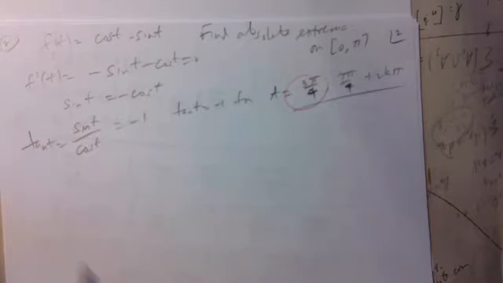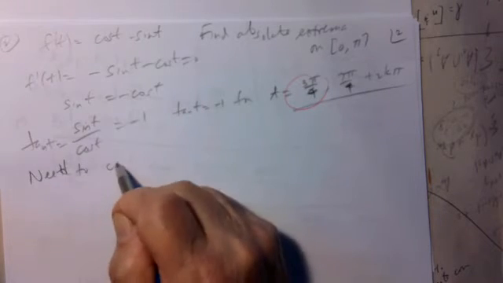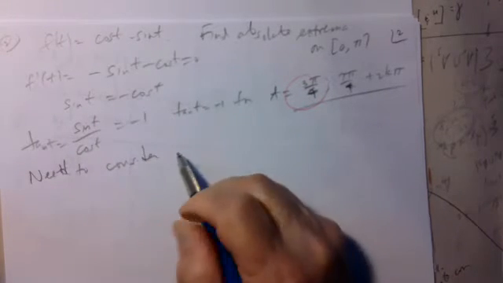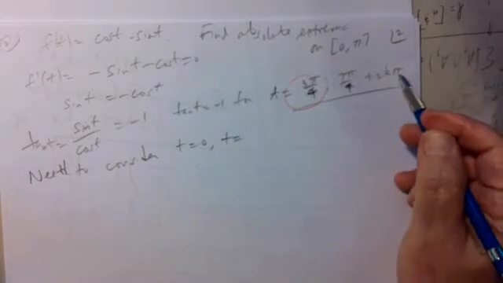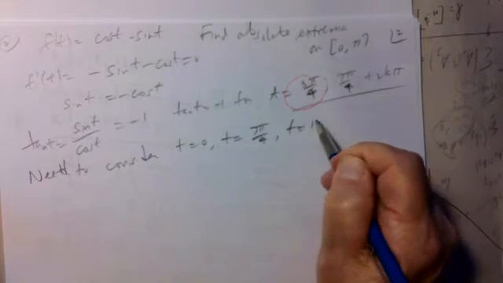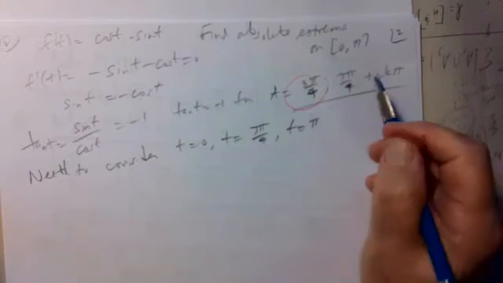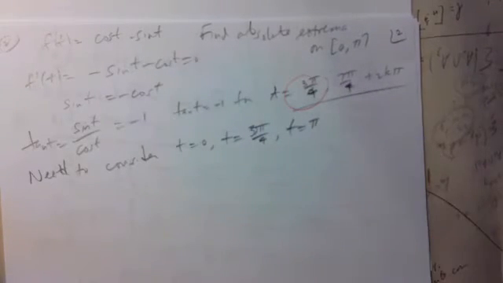So we need to consider only the values t equals 0, t equals 3 pi over 4, and t equals pi.